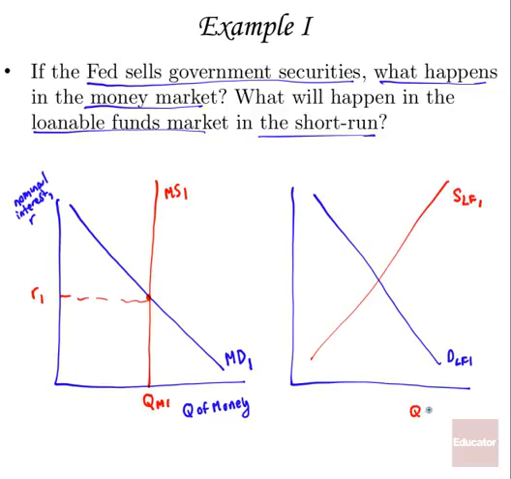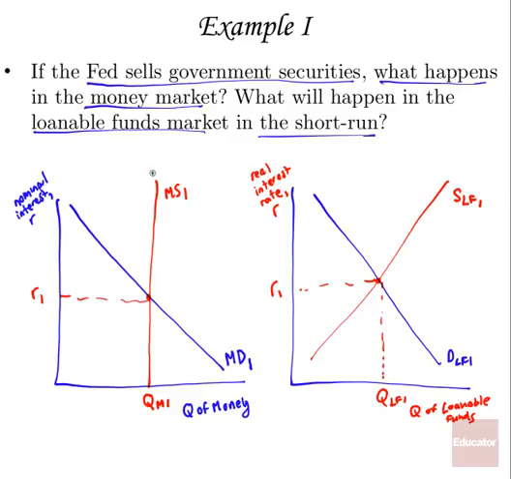This is the quantity of loanable funds, and here's the real interest rate, R here. Then what you have here is the equilibrium in this market. Let's call this R1 here. And this is Q, the quantity of loanable funds.